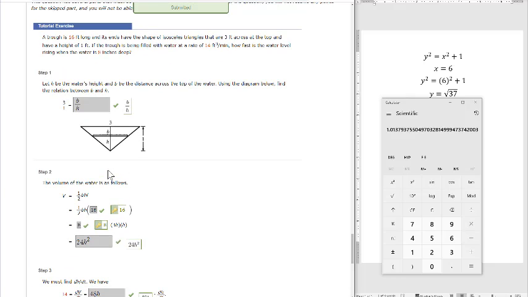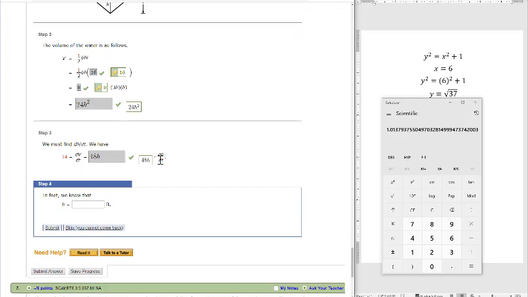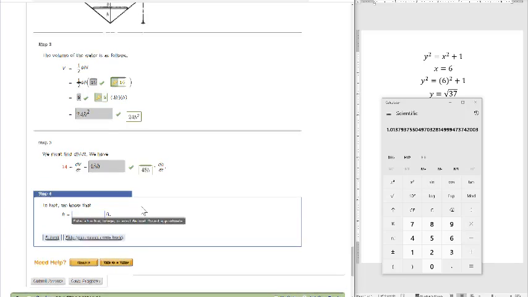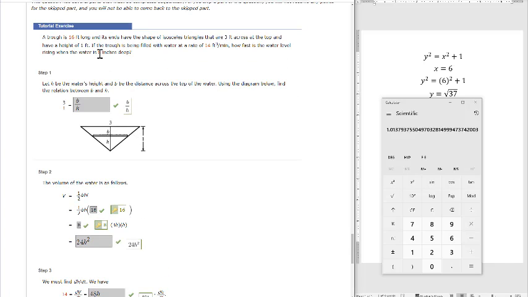So if we look back at the question, we should always look back at the question. How fast is the water level rising? So we're going to be interested in dh/dt. So in feet, remember the height that they gave here is 8 inches. So we want to change that into feet.